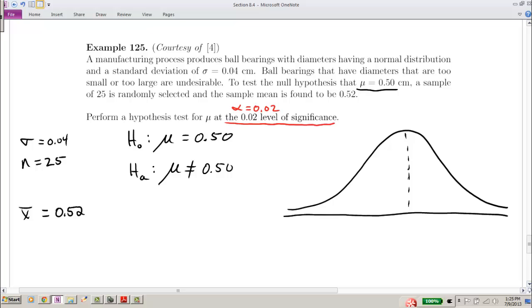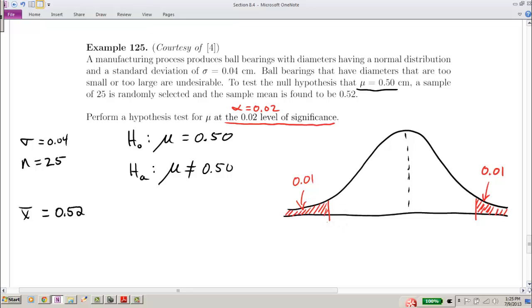And in a two-tailed situation, alpha is the total error that we could have. So that means that since the error exists in two tails, it's going to be half on either side. So this is 0.01. And over here, this area is 0.01.